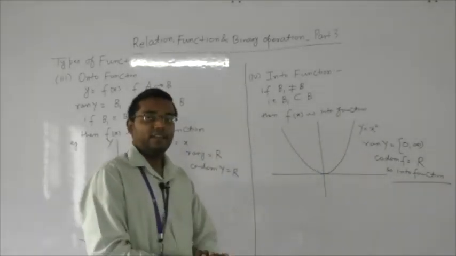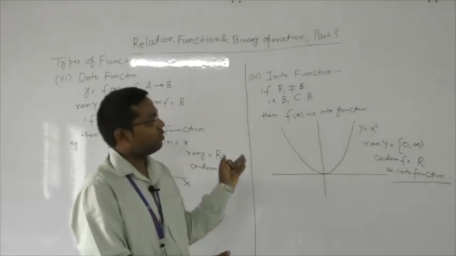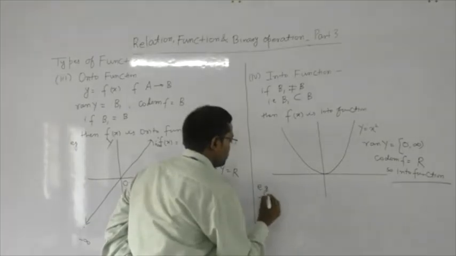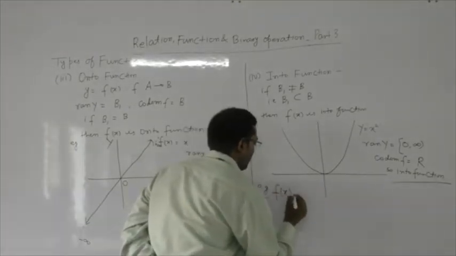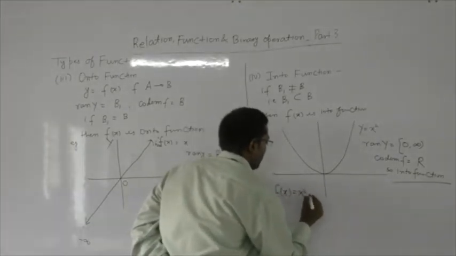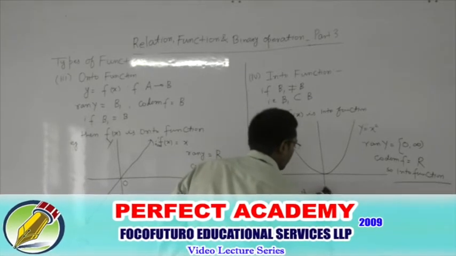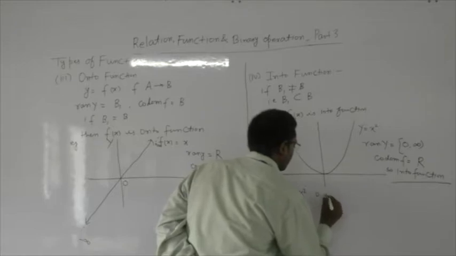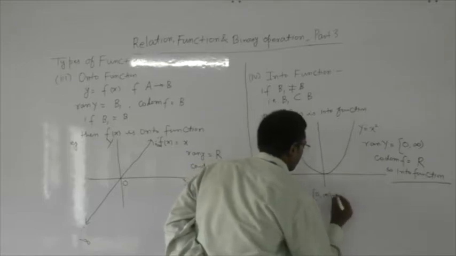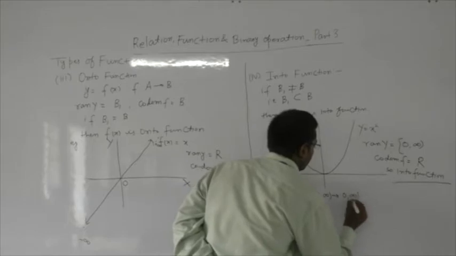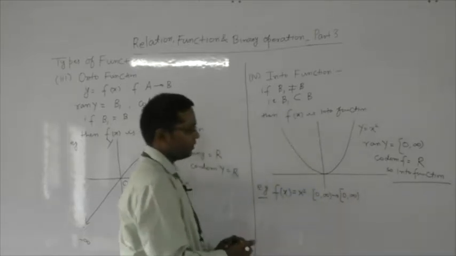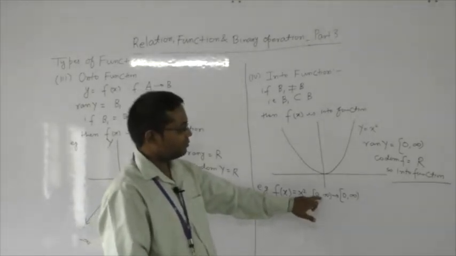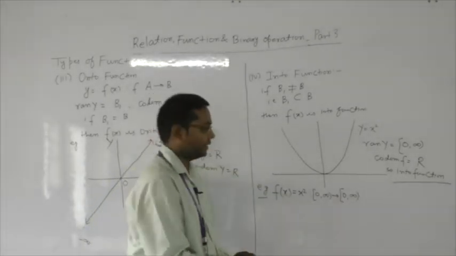We can make any into function into an onto function. Now let's see. Suppose I am defining a function f(x) equals x square, defined from 0 to infinity to 0 to infinity.